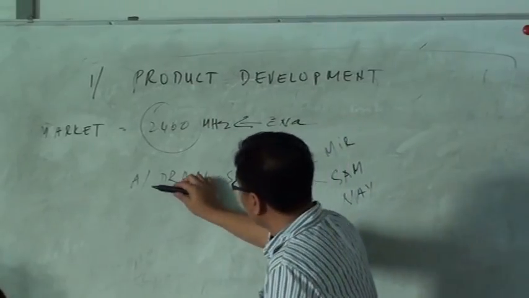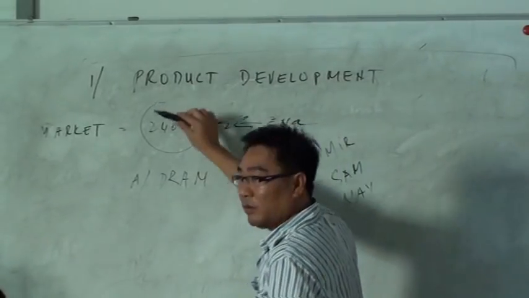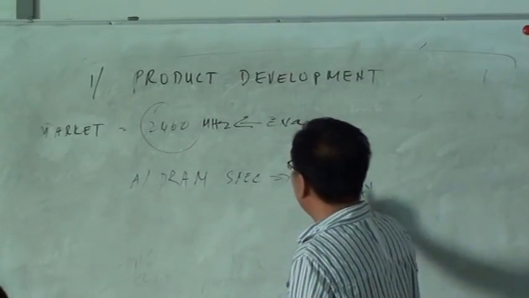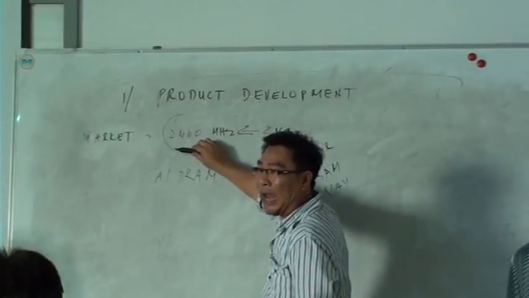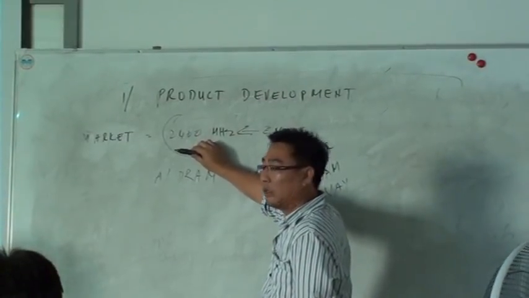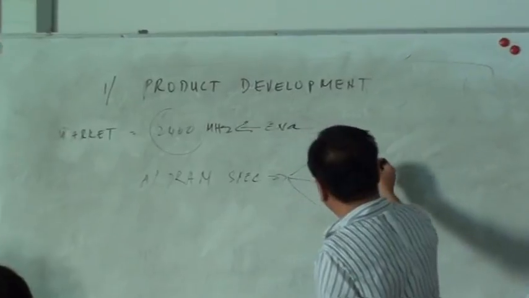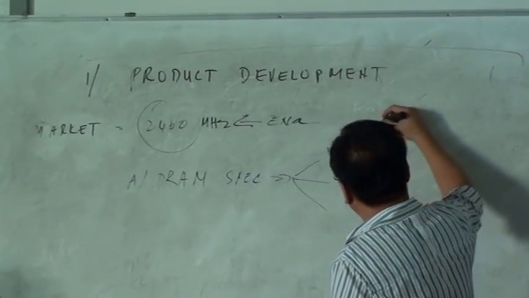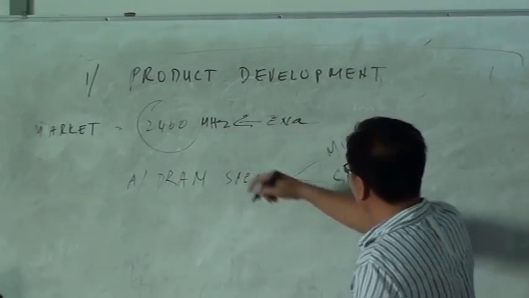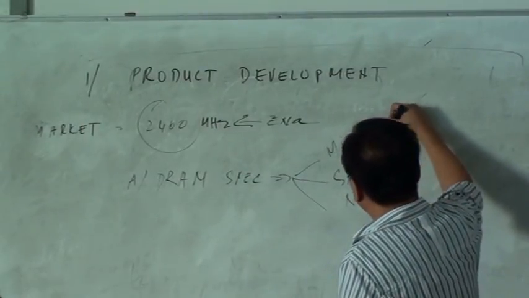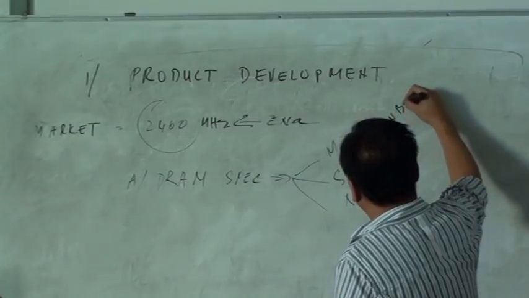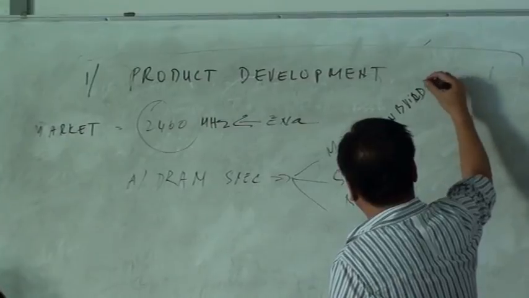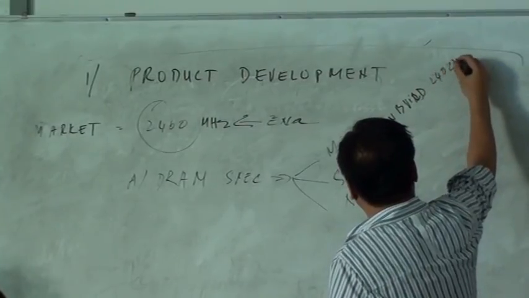So first of all, in order to make this, the engineers at the headquarters need to find out what kind of DRAM can meet the spec. So they need to find out which can be able to build up to 2,400, right?